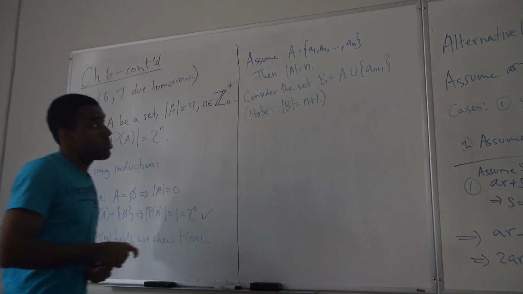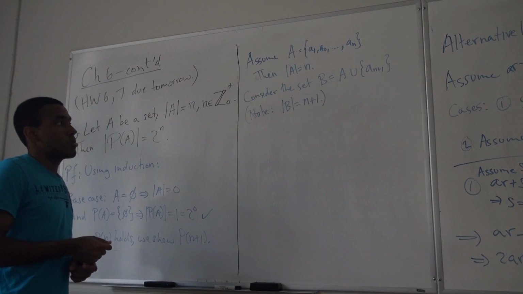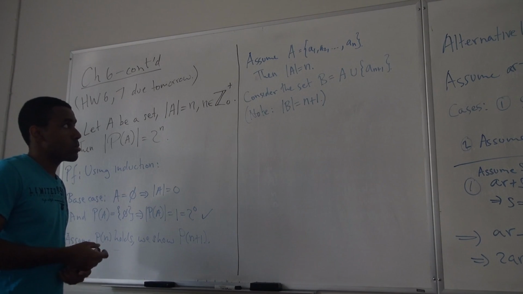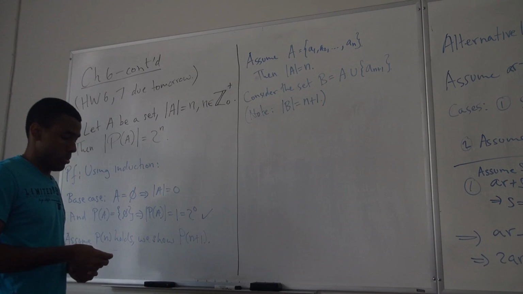Let's start out that way. So basically I want to show that the size of the power set of B is 2 to the n plus 1. Right? How do I do that?